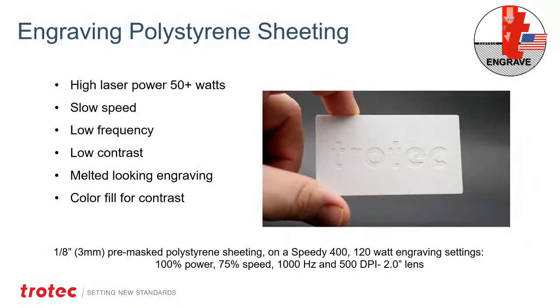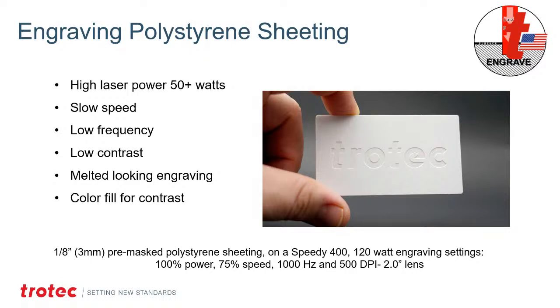So engraving it with CO2, standard engraving, as you can see here from this example, very low contrast. High laser power, 50 plus watts for engraving, slow speed, low frequency, and low contrast is going to be produced when engraving it. It does produce a little bit of a melty look, but the edges are sharp, crisp, and clear.